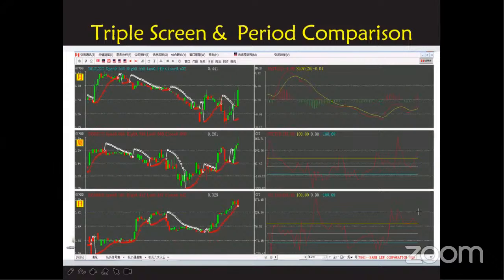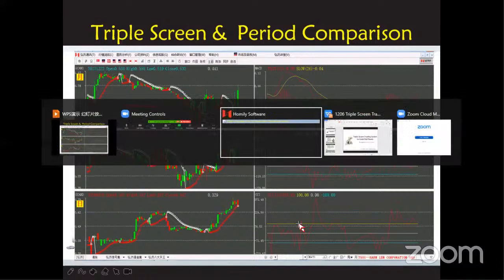Also in the Homeland software, we have one of the indicators, which is period comparison, which means we can see the different time frames from long term to medium term and short term on the same screen, right? This is period comparison and also the Homeland investment philosophy: long term, medium term, and short term. So we can see the different indicators on the same screen at one time.